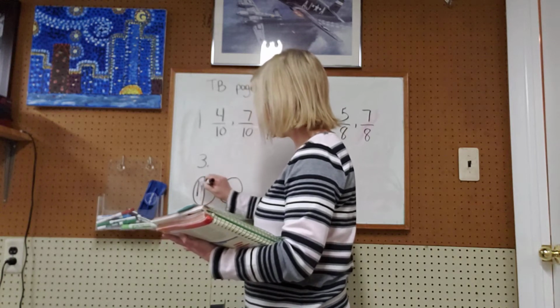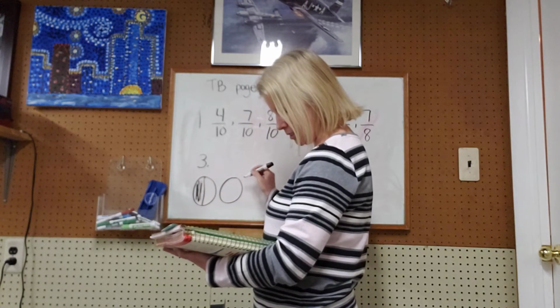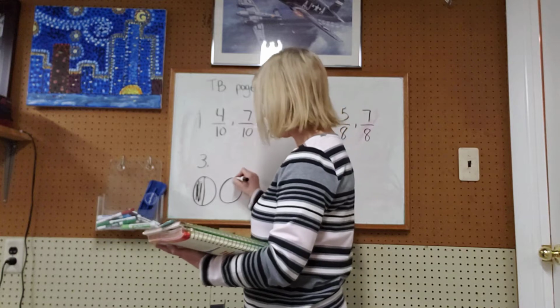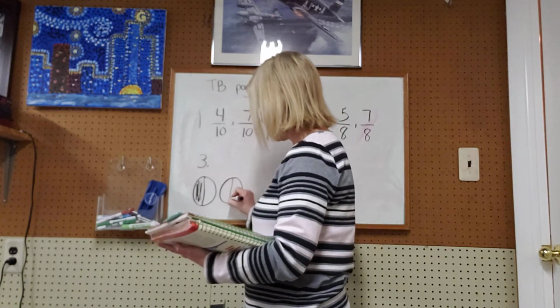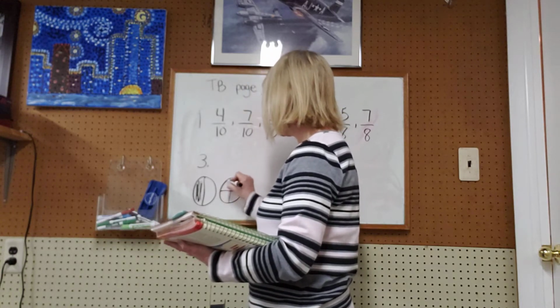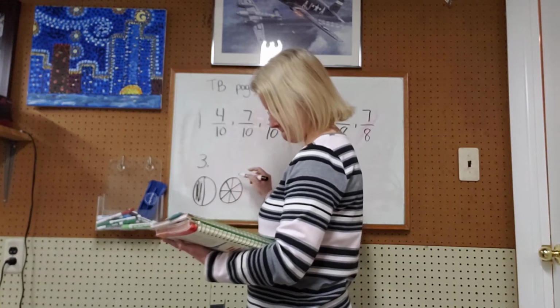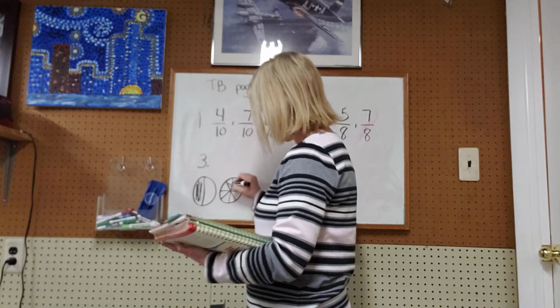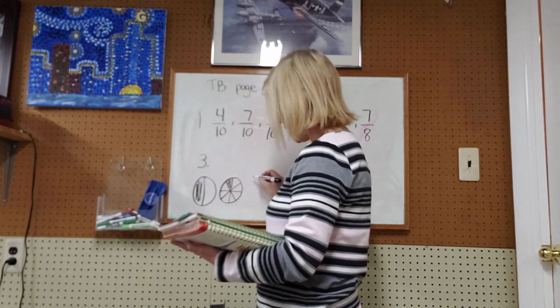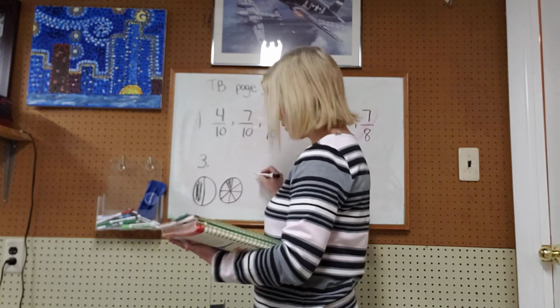So this part is going to be colored in. This one is going to be 1/8. So we need it in 8 pieces. So one of these little ones. And then the next fraction is 1/4.